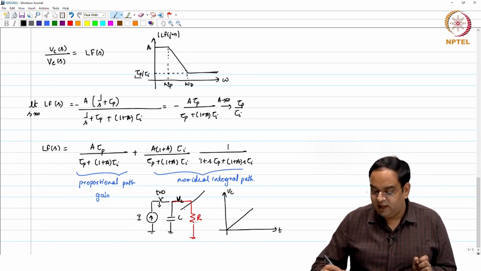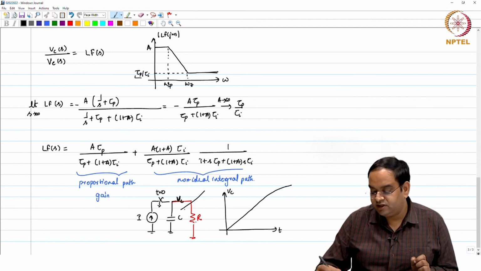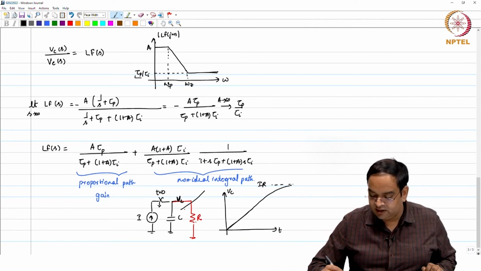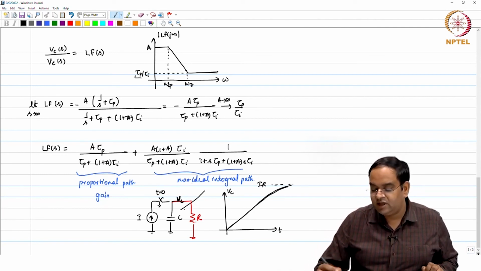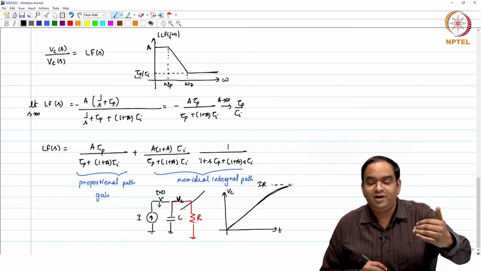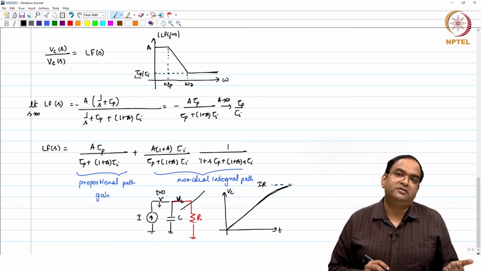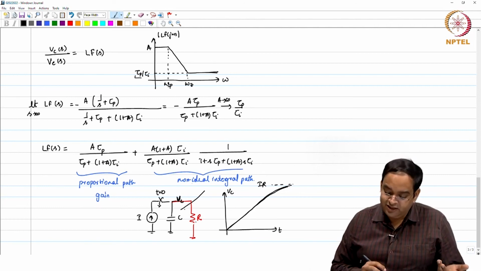At the end, it will approach some value which is I times R, but depending on the resistor it will keep on increasing. The final value is I times R. As R is large, the largest value which can be achieved as t tends to infinity is pretty large.